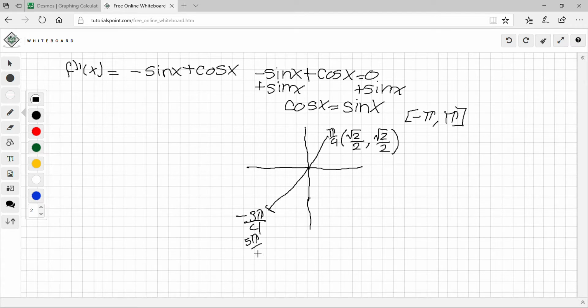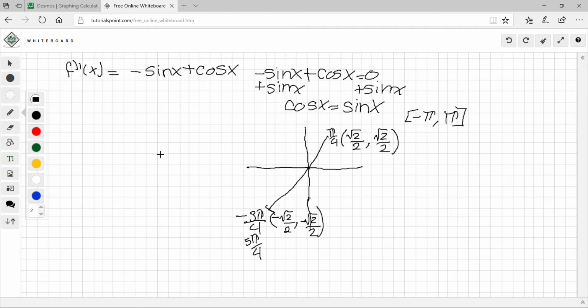The reason why I'm saying negative 3 pi over 4 is because our boundaries are from negative pi to pi, so that's why it's negative. Negative 3 pi fourths is the same thing as positive 5 pi over 4, and they give you the coordinate of negative root 2 over 2 comma negative root 2 over 2.